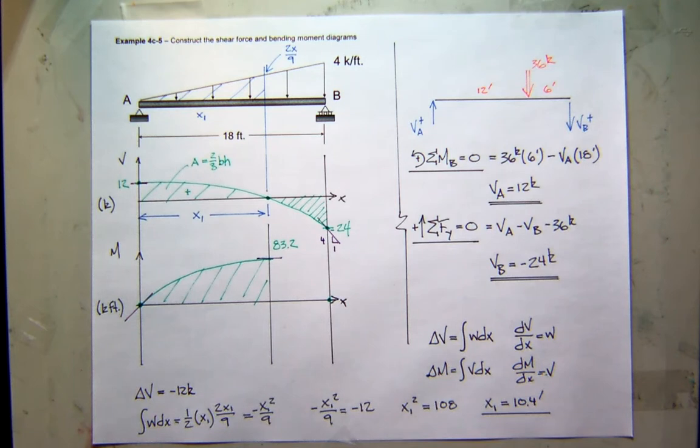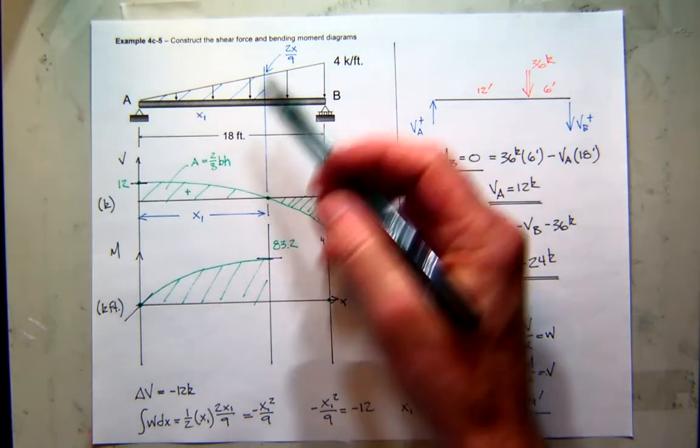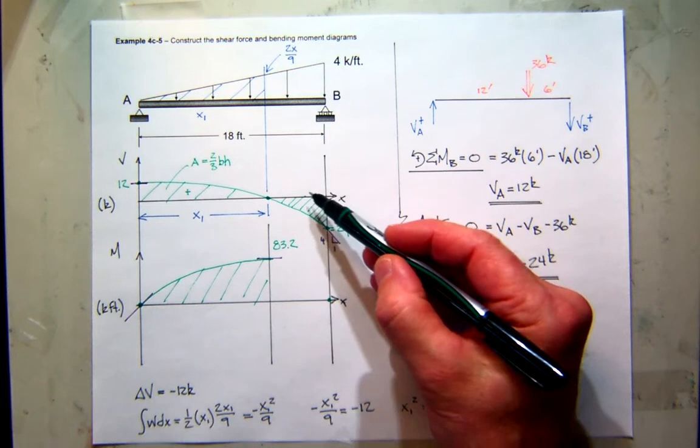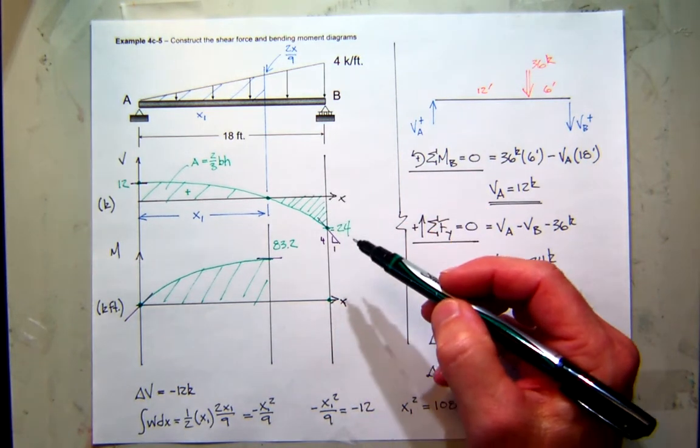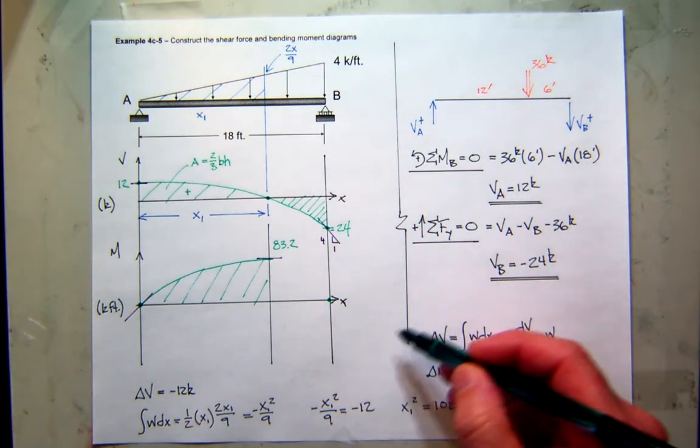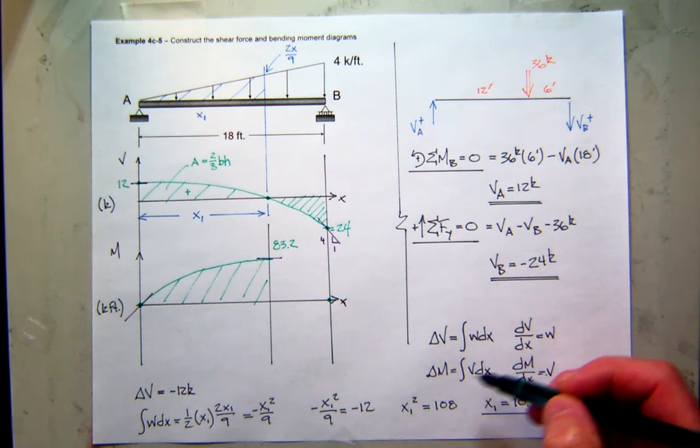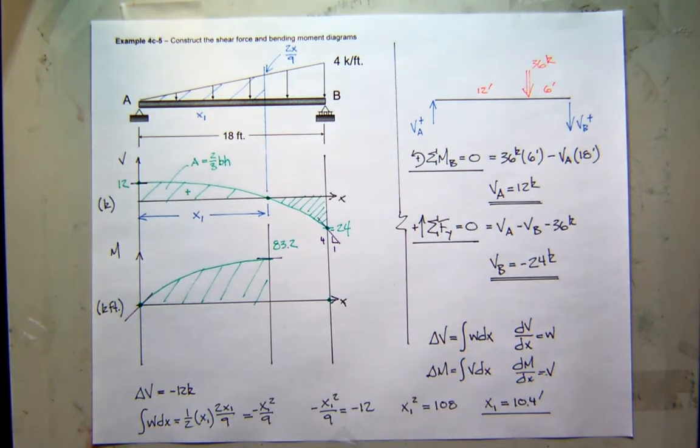But I can't. So this is a disadvantage of the graphical technique, is you might encounter some areas that you can't just know by geometry. So I'm just going to have to stop here because I can't go any farther. I wanted to show you one that kind of misfires a little bit.